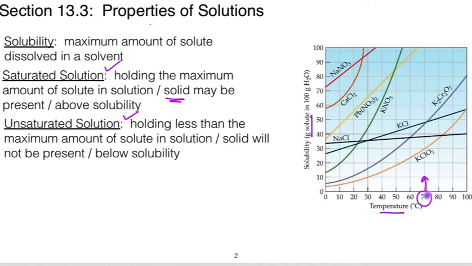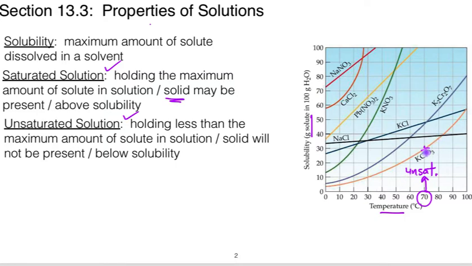Then as I'm adding 0 to 10 to 20 grams of the potassium chlorate, all of that is going to dissolve. It's not going to reach its maximum solubility until about 30 grams or so. Everything below here, not just for 70 degrees, but for all of the temperatures, anything below that line, all of this dissolves. So this represents an unsaturated solution.